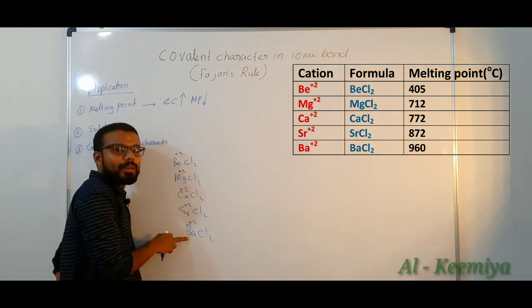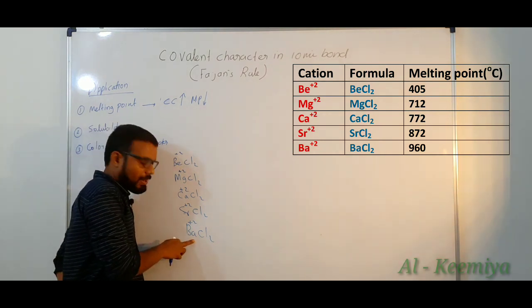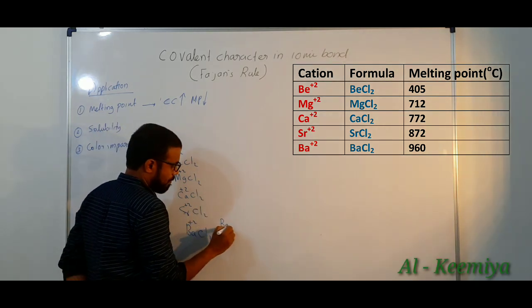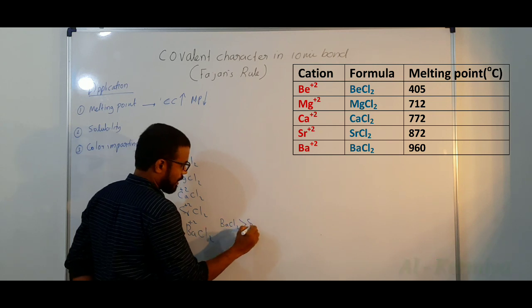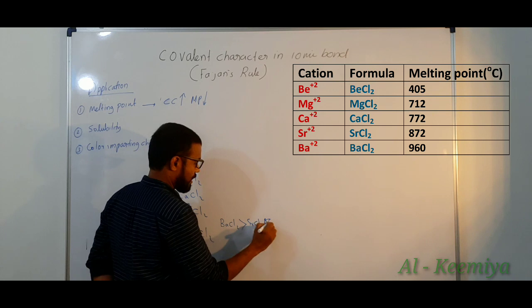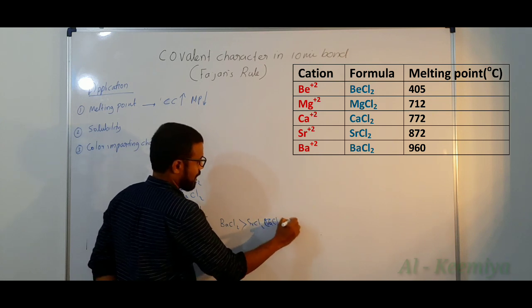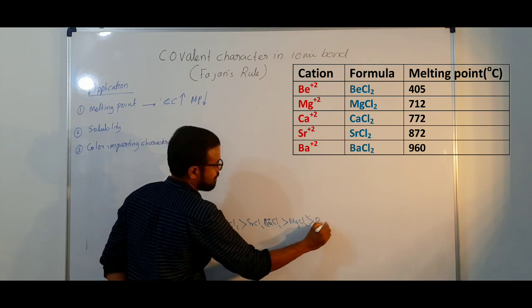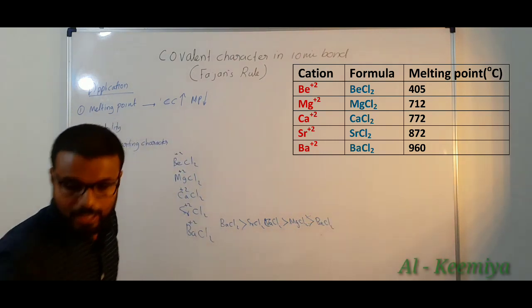So which one has the higher melting point? Barium chloride. So the order of melting point is BaCl2 greater than SrCl2 greater than CaCl2 greater than MgCl2 greater than BeCl2. Okay, so this is another example.